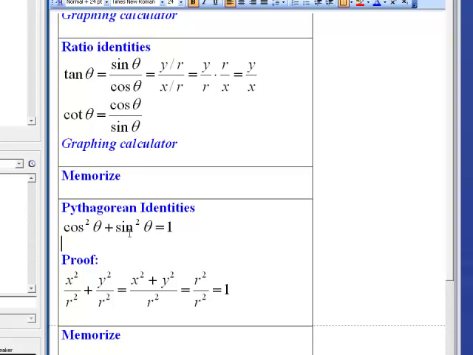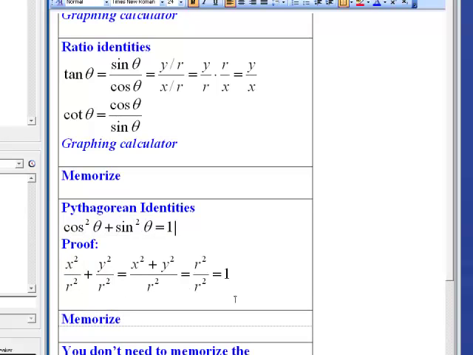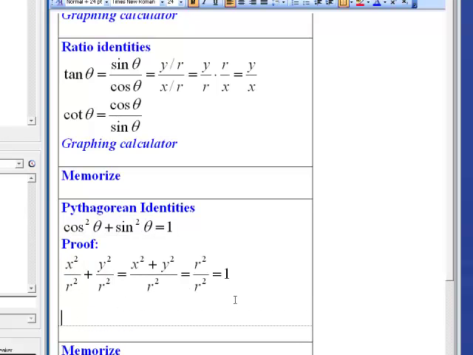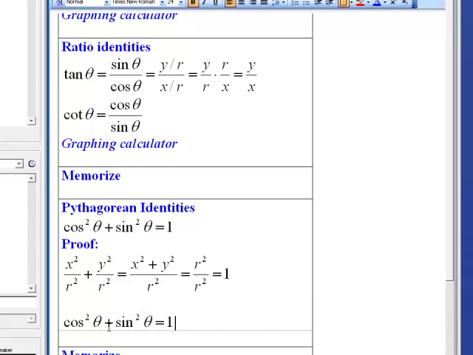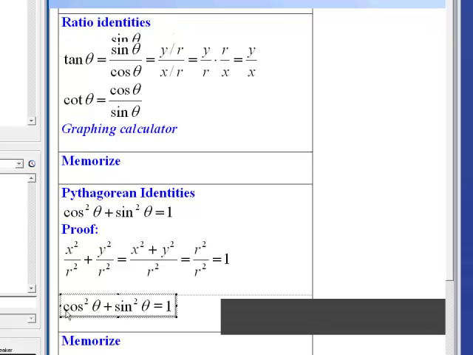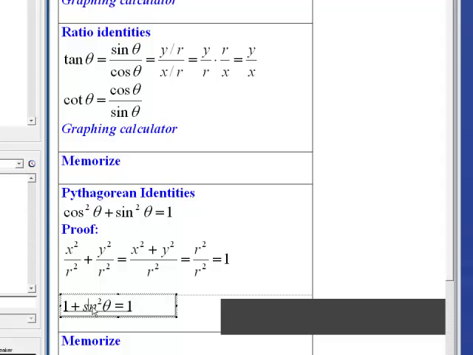There are a couple others, which are 1 plus tangent. Actually, I think I'm going to put these down here. So 1 plus tangent squared equals secant squared.